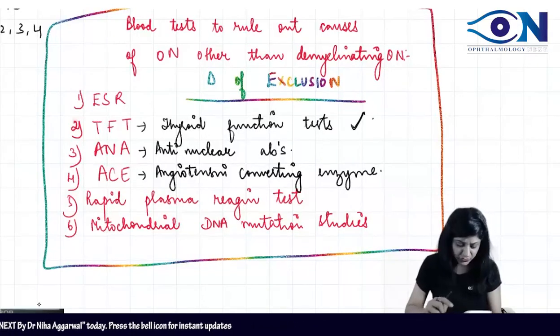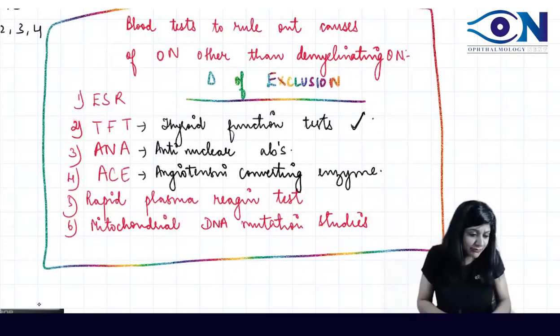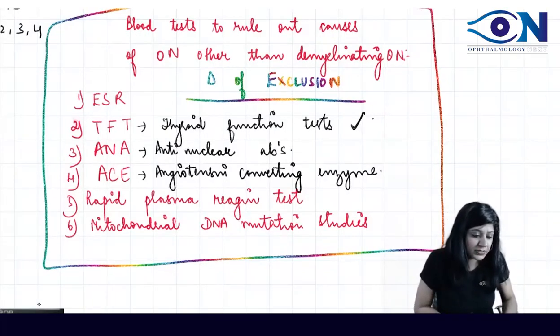Dr. Stranger is saying that the options were toxoplasmosis, posterior staphyloma, tuberous sclerosis, pigment epitheliopathy, and CMV retinitis.